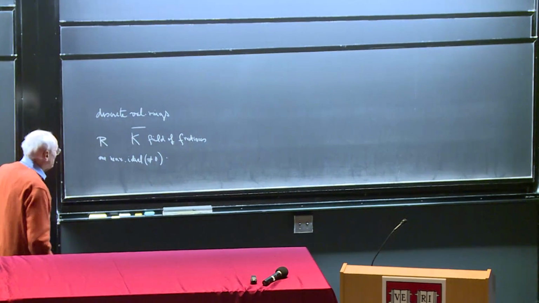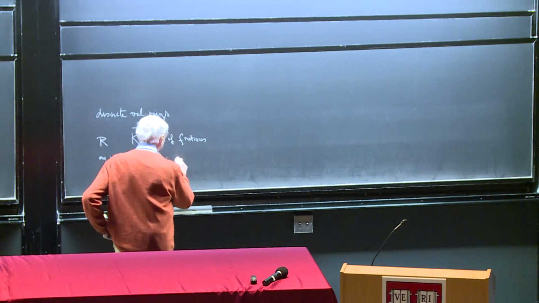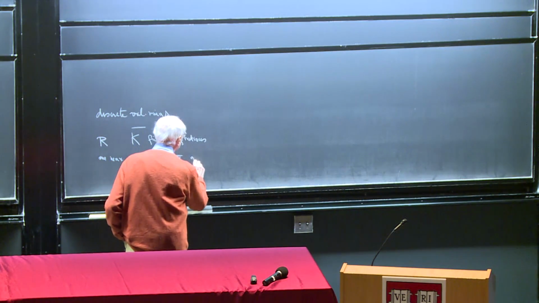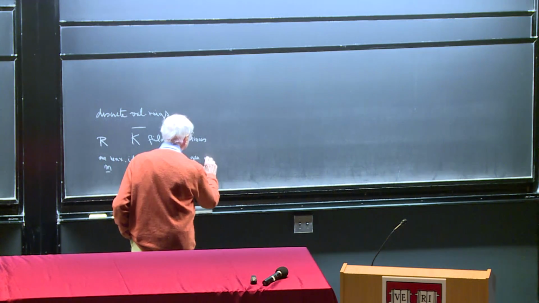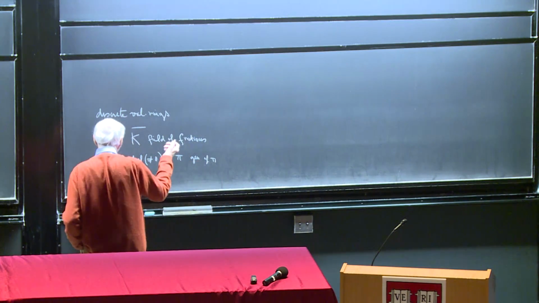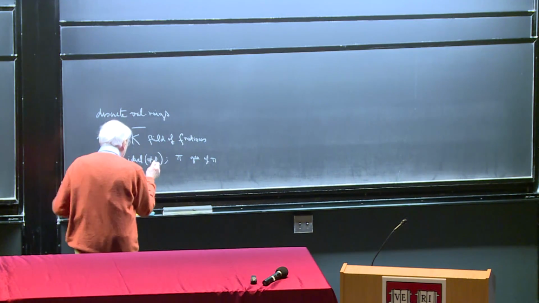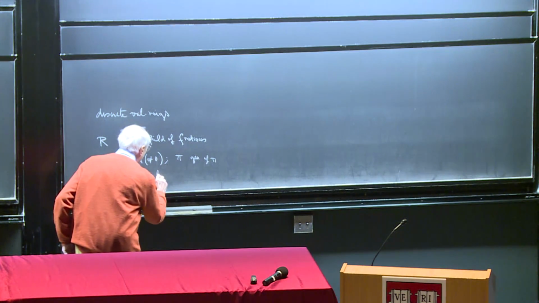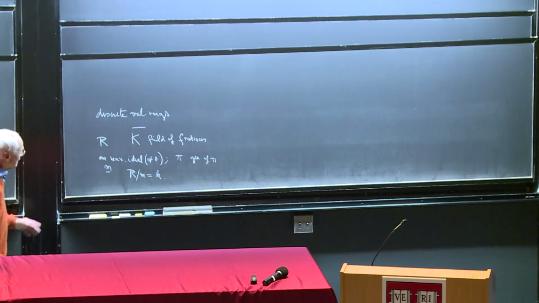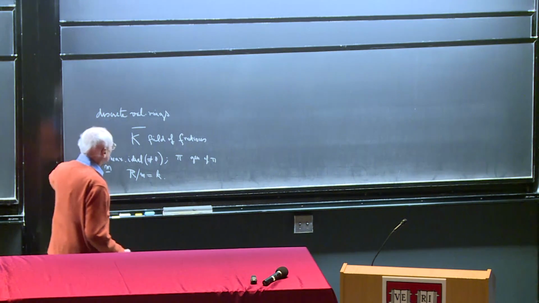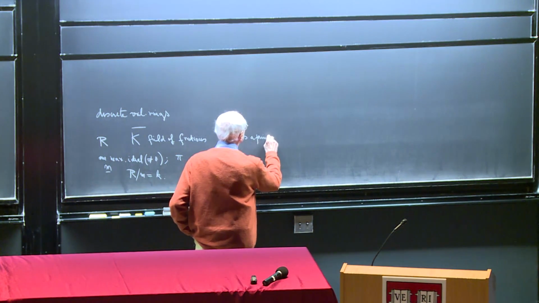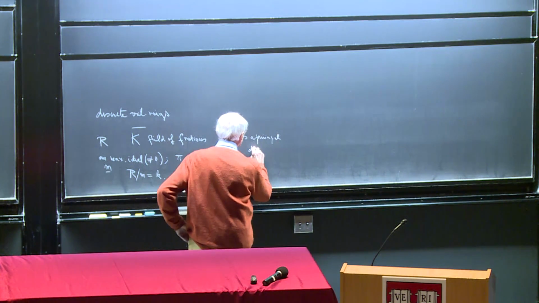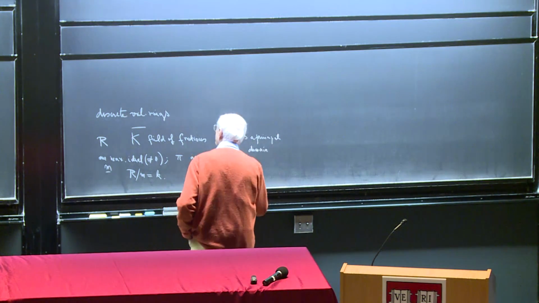And that ideal will be a principal ideal, so I will denote by pi a generator of M. And then, of course, the residue field is a field, and I will denote it by little k. Did I say that R is a principal domain? Maybe I should say that. R is a principal domain, but with just one non-zero prime ideal, the M.